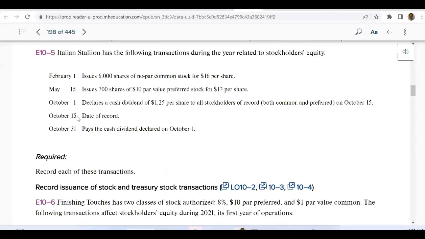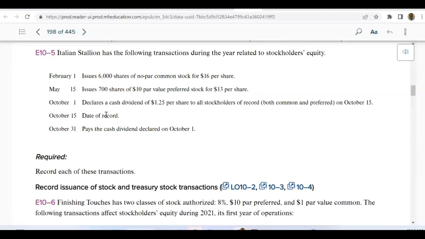October 15 is the date of record. Date of record is the date that the company will figure out who owns how many shares, and every one of those shareholders will, in a matter of weeks, get paid the dividend. So there is nothing right now to record. It's just a matter of finding out who has how many shares.